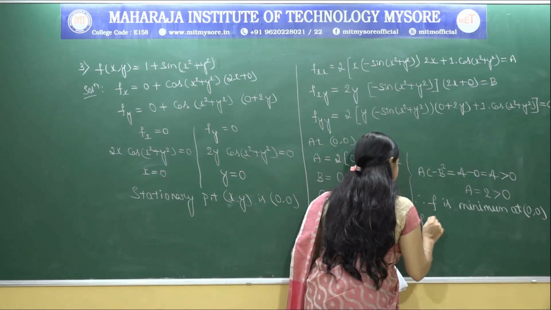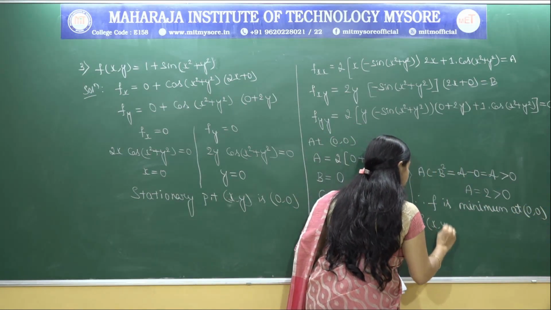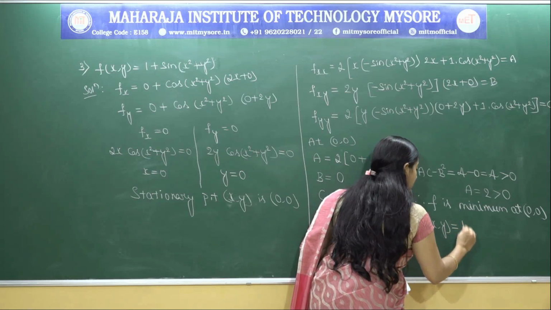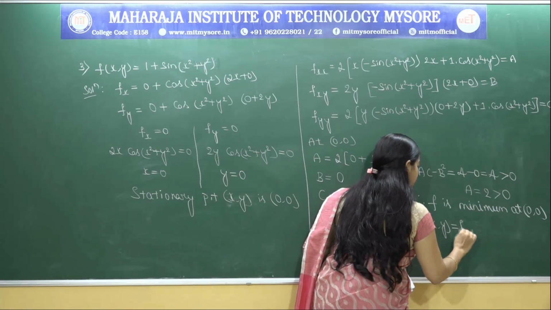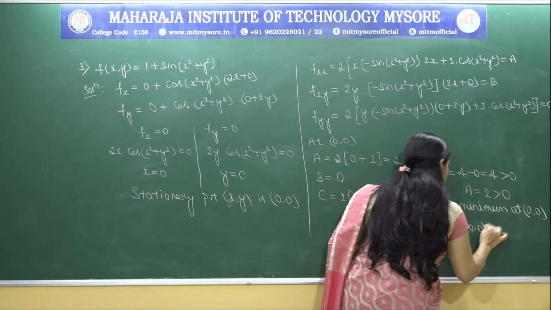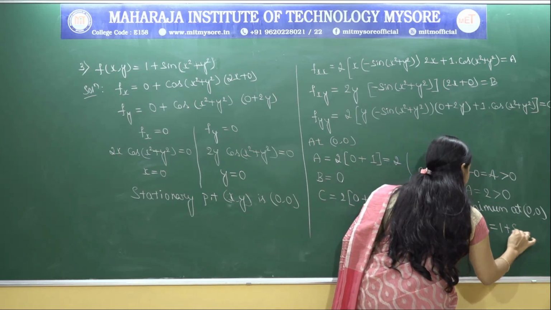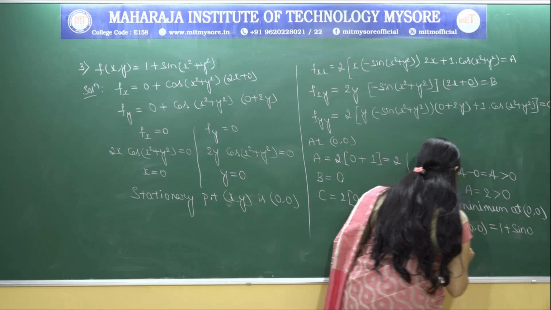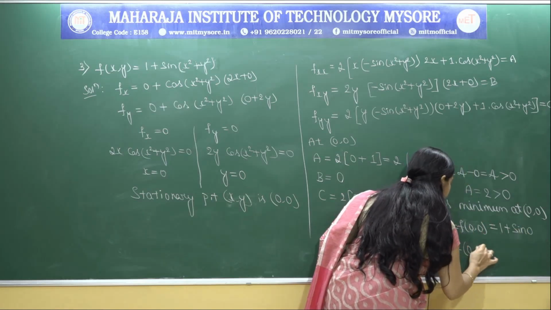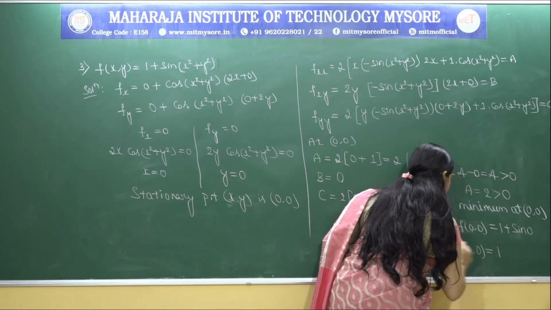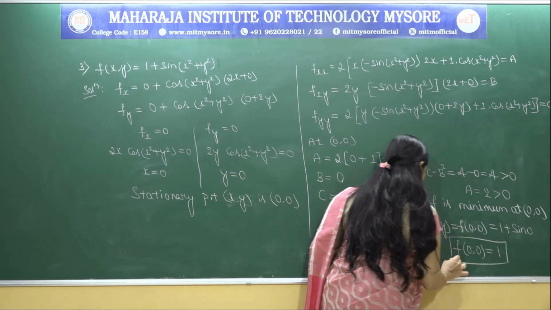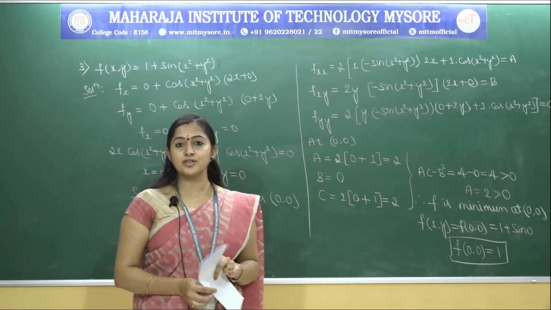Substituting into the given function, f of (0, 0) is 1 plus sine 0, and sine 0 is 0. So the minimum value of the function is 1. Thank you. We will continue in the next class.